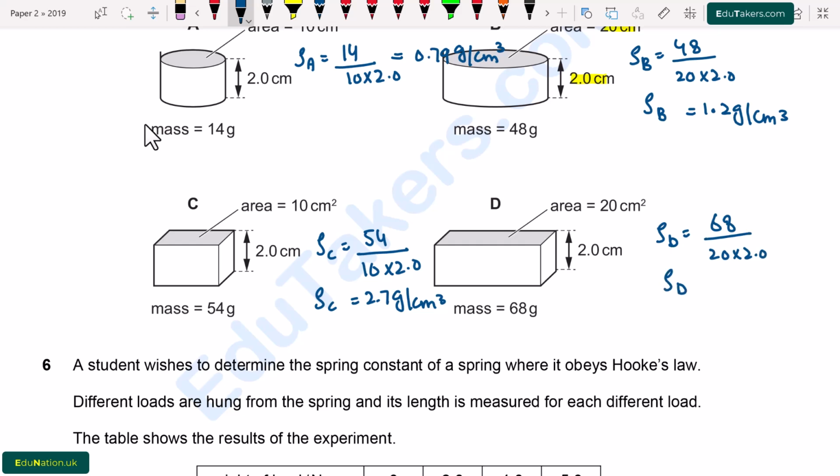So the density for the object D is equal to 1.7 gram per cubic centimeter. Now we see the values of density. Here it is 0.79, 1.2, 2.7 and 1.7. Only the object C has the largest density. So C is correct.